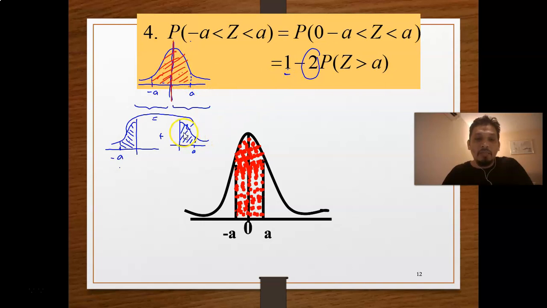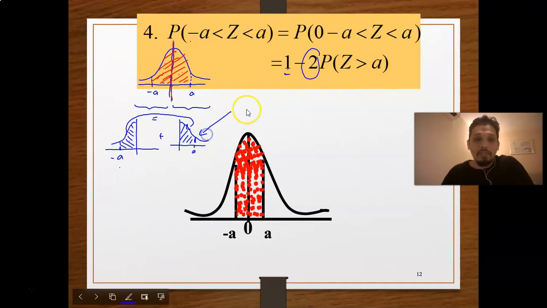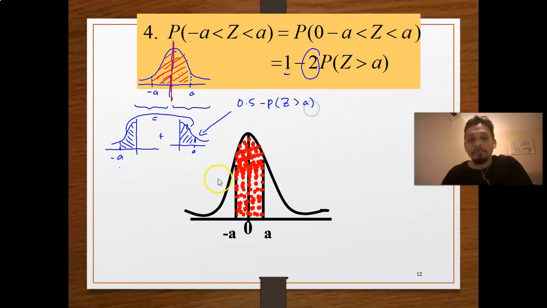So if I come up with this, let's say on the first part I make this 0.5 minus the probability of Z greater than A. And on this side is also another 0.5 minus, even though it's negative A, just imagine that this area is equal to this area.